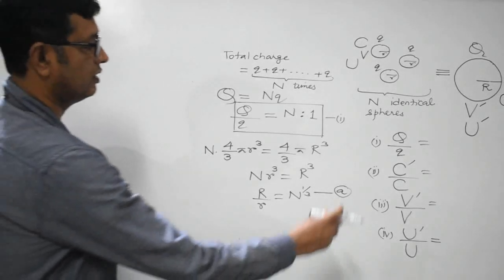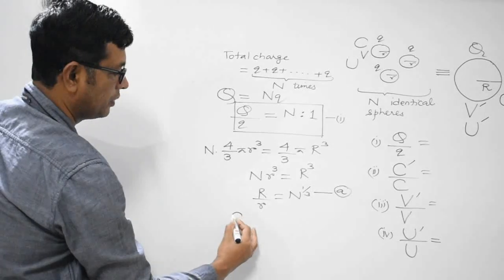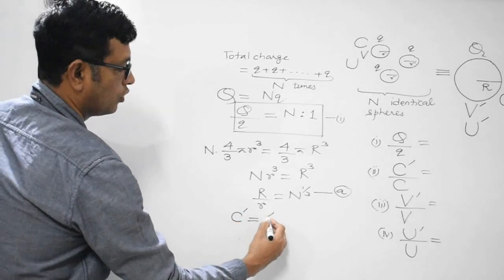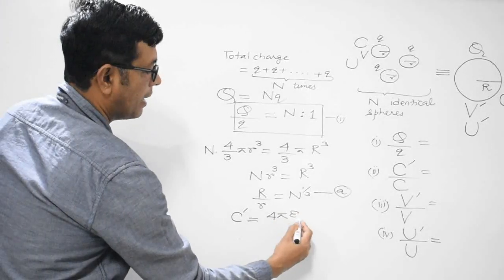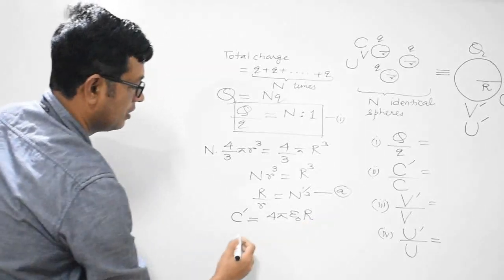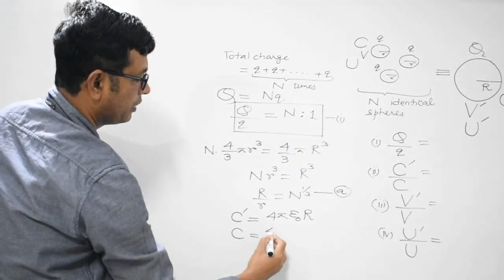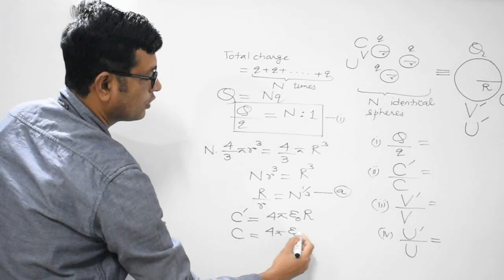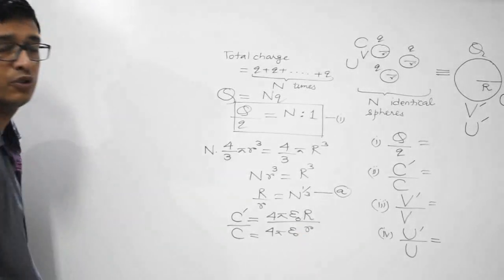Now let's try to solve the second one. Capacitance of the big one, what is it? Capacitance of a spherical conductor is 4 pi epsilon times the radius. Radius of the big one is capital R. The capacitance of the small drop will be again 4 pi epsilon small r. So what will be the ratio? Just divide these two.